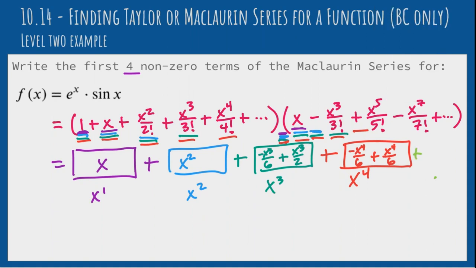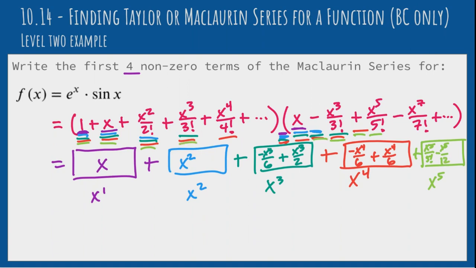So the x to the 5th, hopefully I left myself enough room here. So we could have 1 times x to the 5th, x times x to the 4th, x squared times x cubed. That's going to give us minus x to the 5th over, so we got 3 factorial is 6 times 2 factorial, so 12.